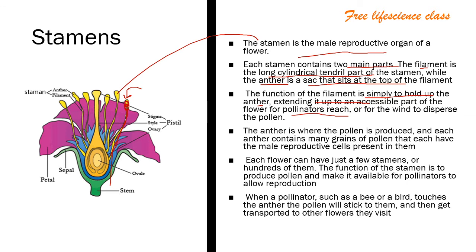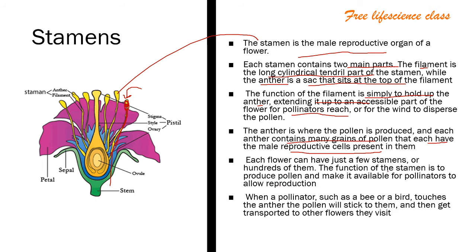The anther is where the pollen is produced, and the anther contains many pollen grains that each have a male reproductive cell present in them. Each flower can have just a few stamens or hundreds of them. That means some flowers have only a few stamens and some have many more.